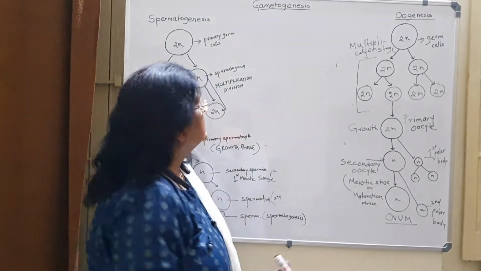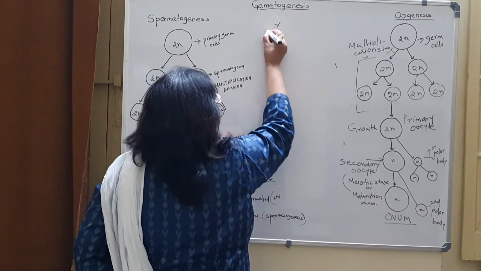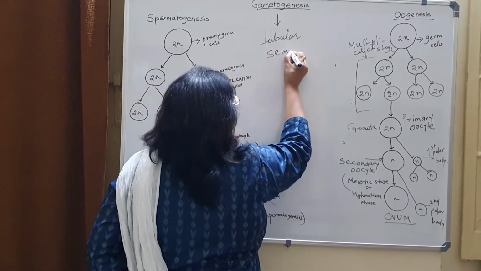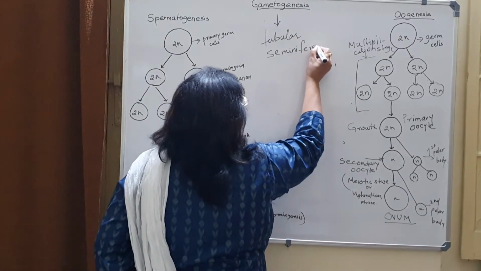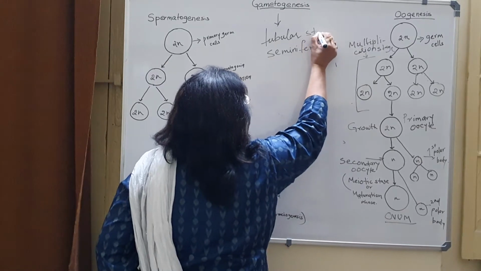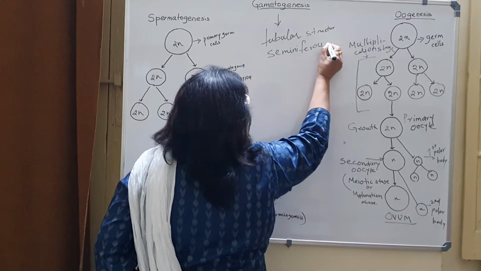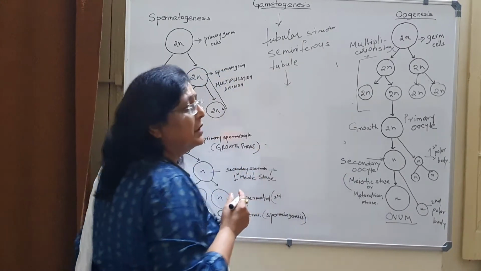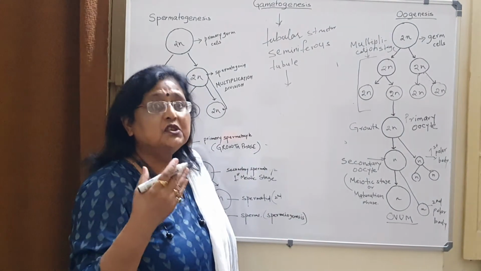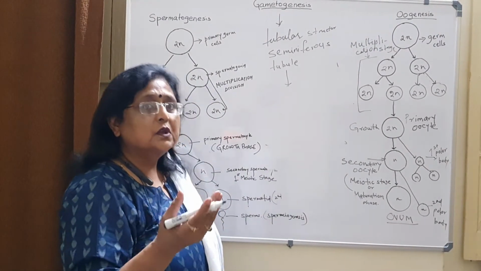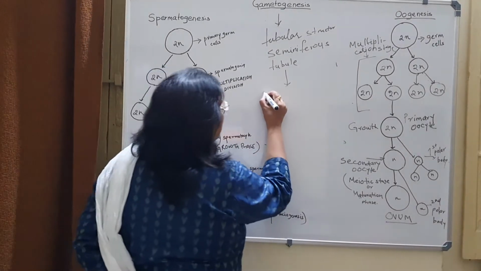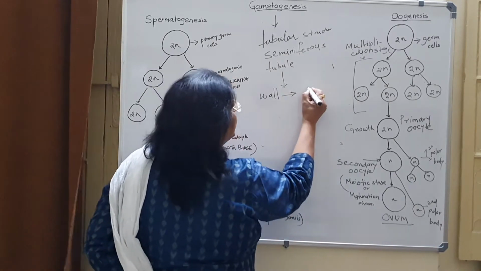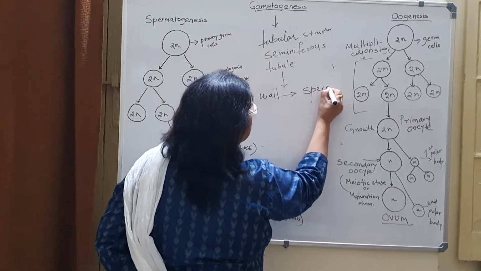The testes are made up of a large number of tubular structures, the seminiferous tubules, and the wall of the seminiferous tubules will give rise to the spermatids.